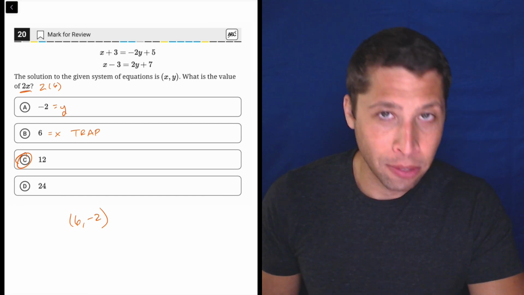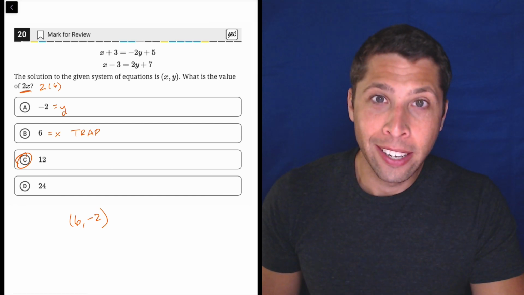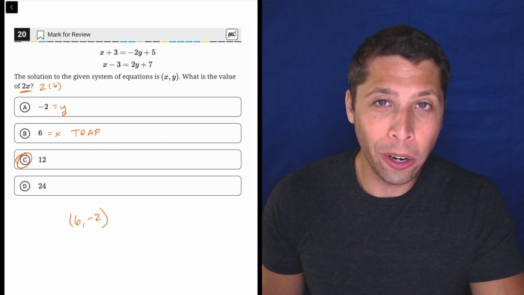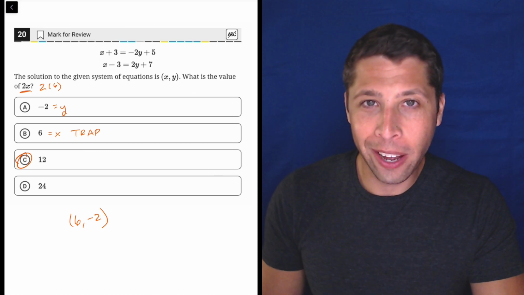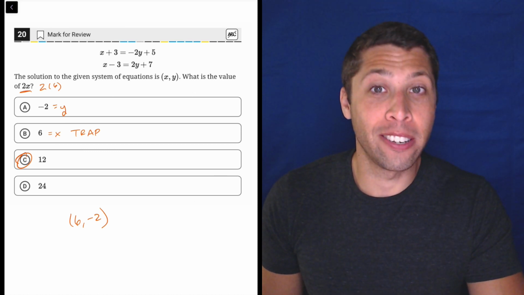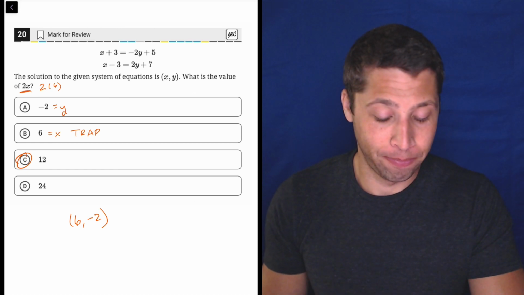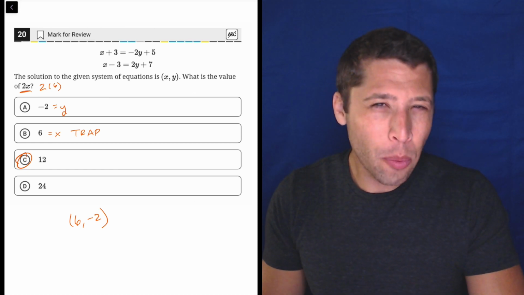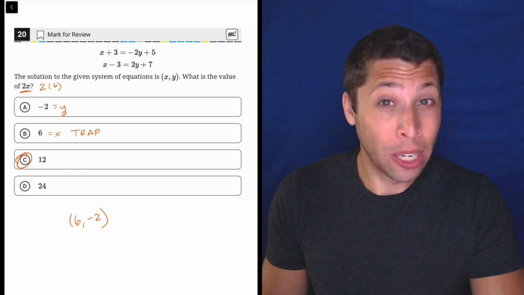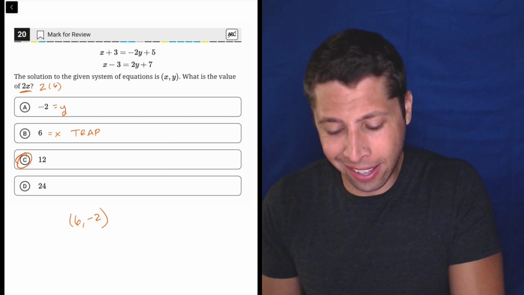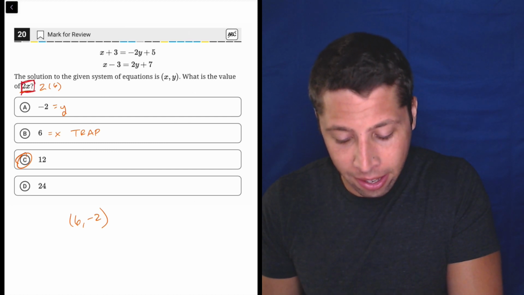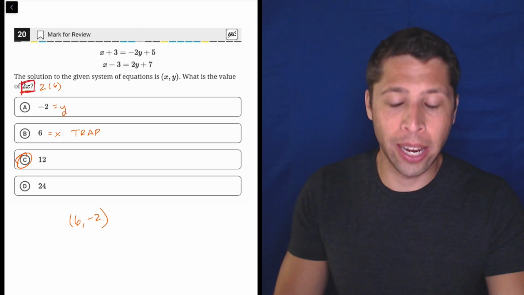A lot of times, the SAT wants to reward people who are good enough at math to recognize valid shortcuts. And so the giveaway that there might be something weird or suspicious going on here is, why aren't they asking for x? Why are they asking for 2x, right?